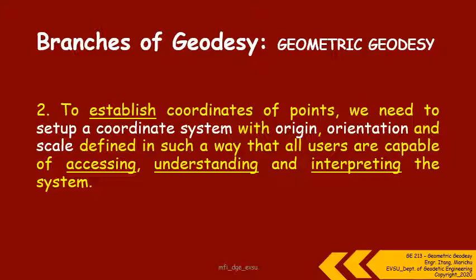When we say origin, where does it come from? Either the center of the Earth, or within the position, orientation, or direction, either north, south, east, west, and its scale, how large it is, in such a way that all users are capable of accessing, understanding, and interpreting the system. The goal is to have a reference system that can be used consistently, so we can access, understand and interpret it.